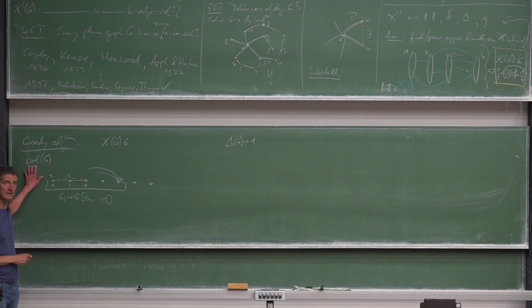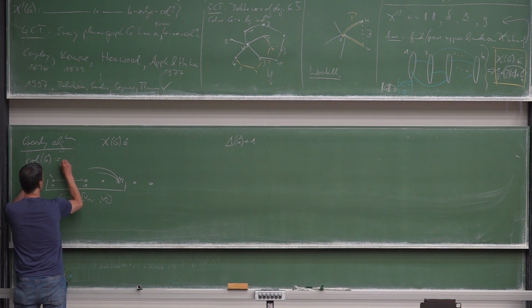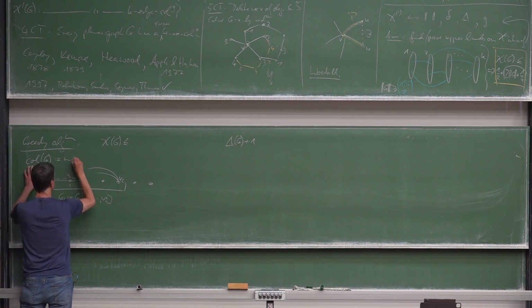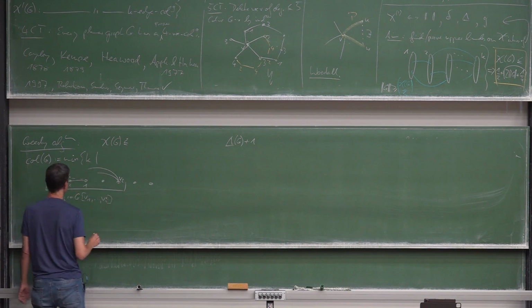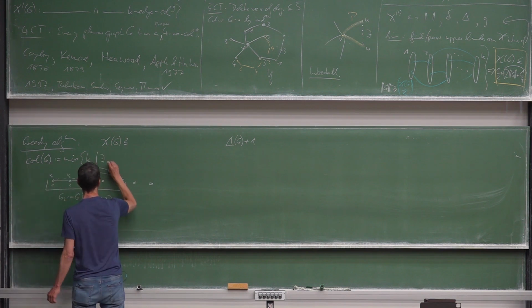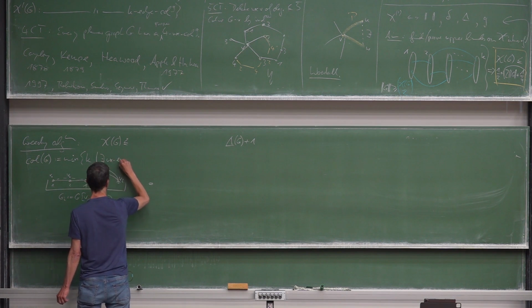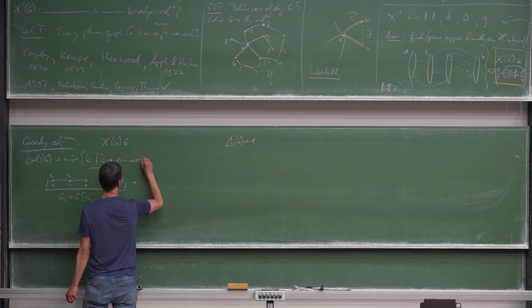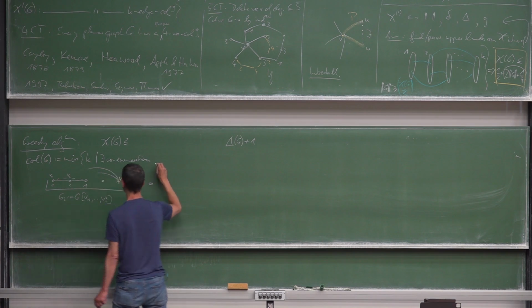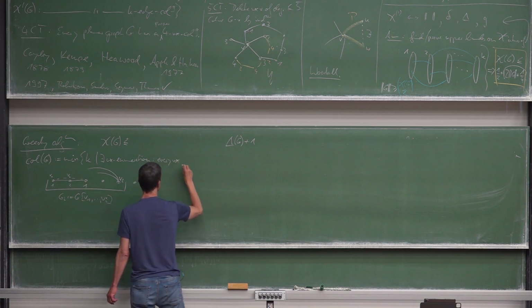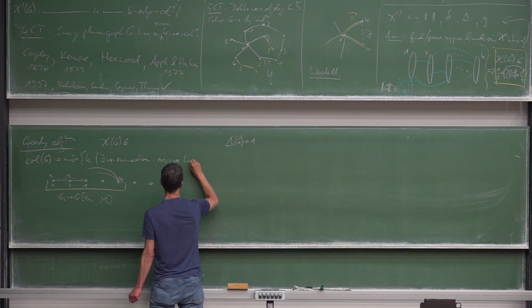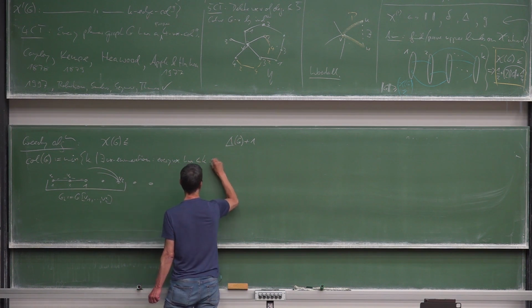The coloring number of G, something like the chromatic number, is the smallest k such that for a suitable vertex enumeration, every vertex has fewer than k earlier neighbors.